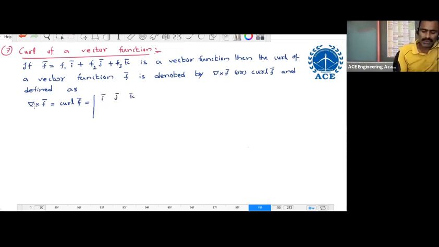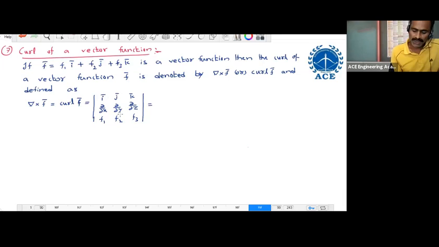Along the second row, from the del operator without i, j, k, we have dou by dou x, dou by dou y, dou by dou z. Along the last row, from f bar without i, j, k, that is f1, f2, f3. And then we expand along the first row, just like a determinant, though not exactly a determinant.